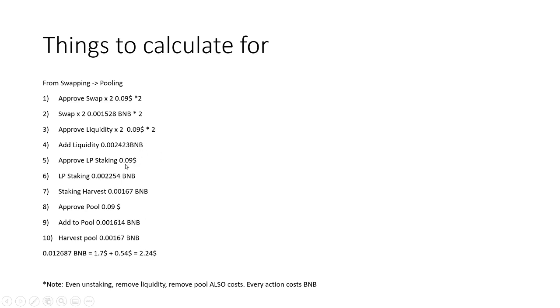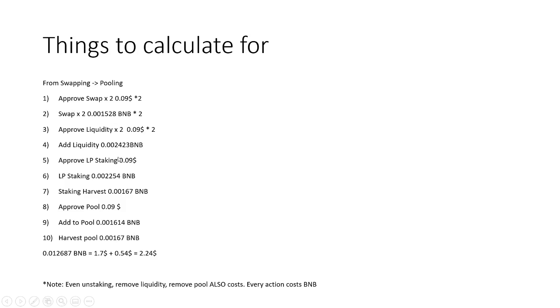Okay, so some of it will read like 9 cents, but that's the fiat value. But you're being charged in BNB. So total will be roughly $2 to $3 if you were to do everything like this every single day. But of course, once you have approved enough tokens, you really don't have to approve again. So generally speaking, this approval fee kind of just disappears after a while.